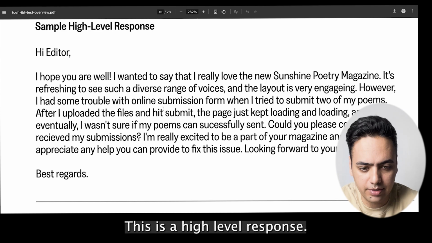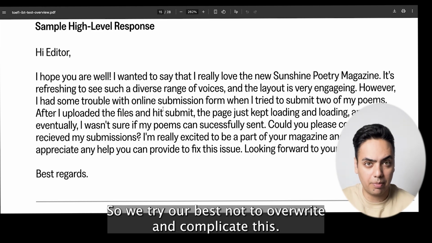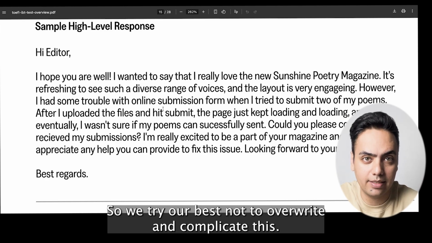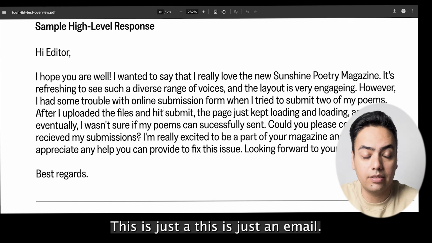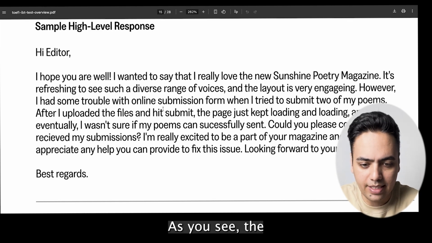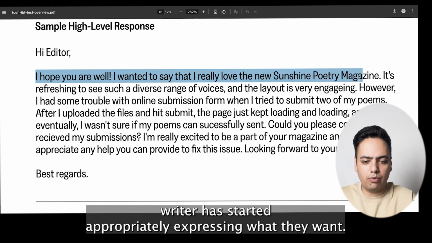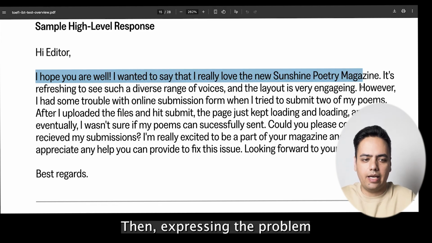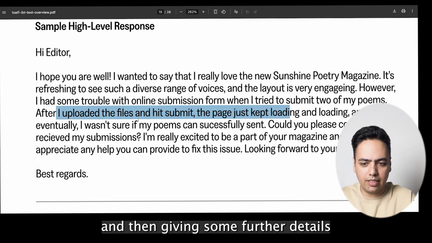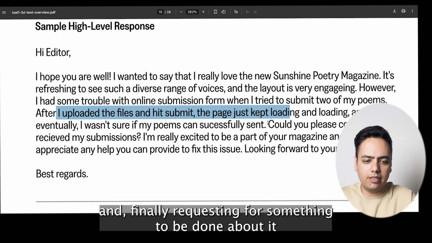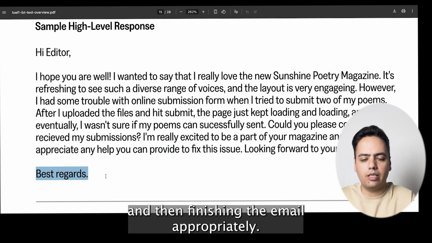This is a high level response. As you see, it's not very long. Remember, this is an email, so we try our best not to overwrite and complicate this. This is not a letter, this is not an essay, this is not a report, this is just an email. The writer has started appropriately, expressing what they want, then expressing their problem, and then giving some further details, and finally requesting something to be done about it, and then finishing the email appropriately.